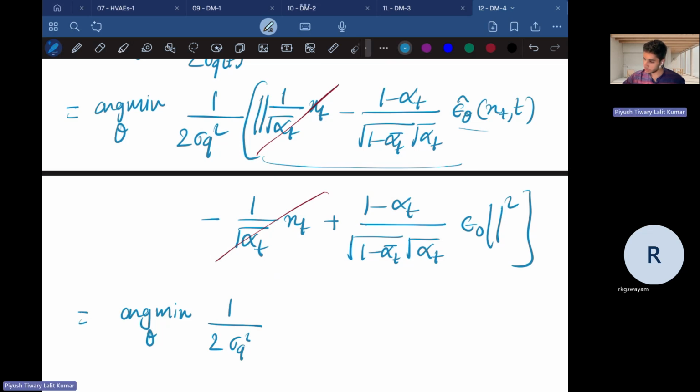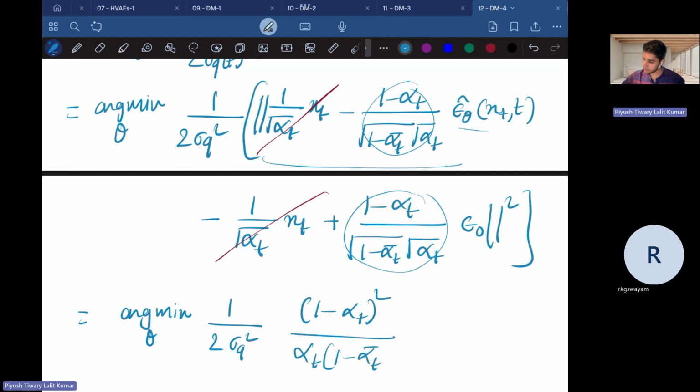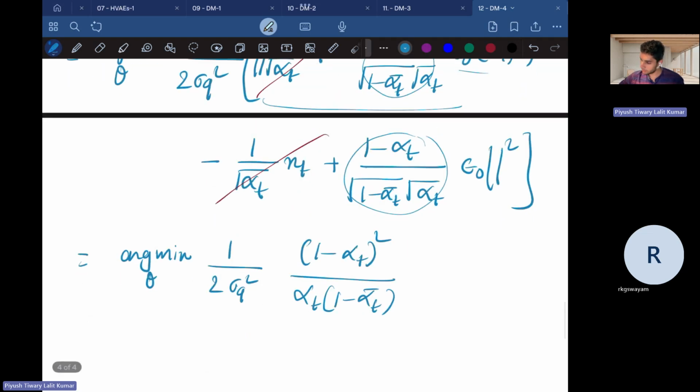What will come outside is these constants, which will come out of the norm, so that will become 1 minus alpha t whole square divided by alpha t into 1 minus alpha t bar, right? And the norm will be just epsilon naught minus epsilon theta of xt comma t, this thing whole square.